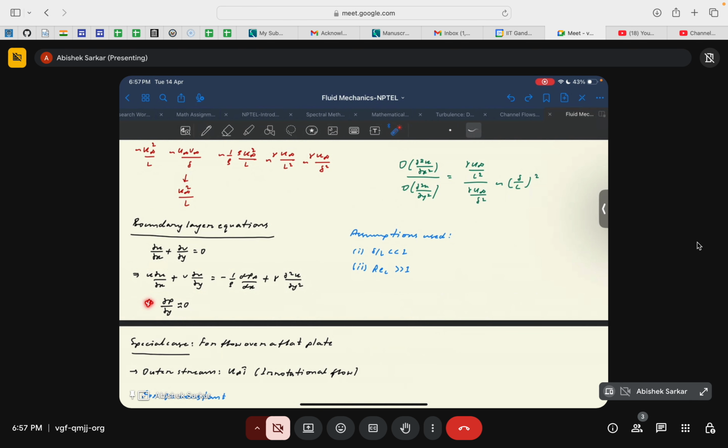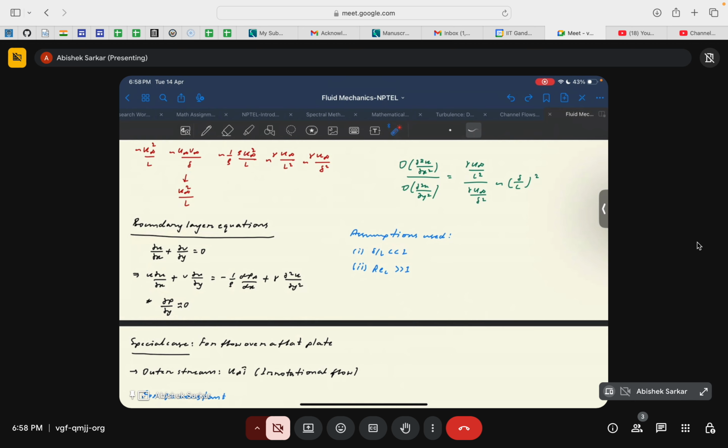And this equation I marked as star because this is not an equation that we need to solve, but the implication of this equation is this term that gets simplified. And the assumptions used are that the boundary layer thickness delta by L is much less than 1, and the Reynolds number is much greater than 1. Okay, so this is the general boundary layer equation that we consider for any kind of surfaces. Okay, this is a general boundary layer equation.